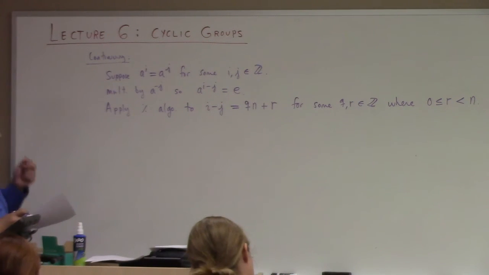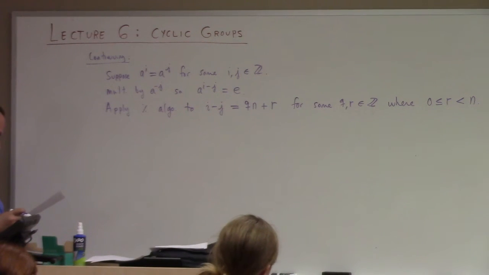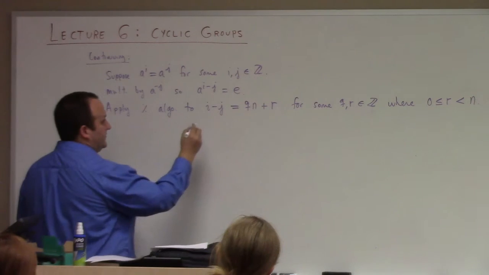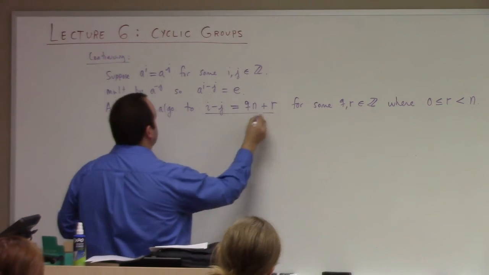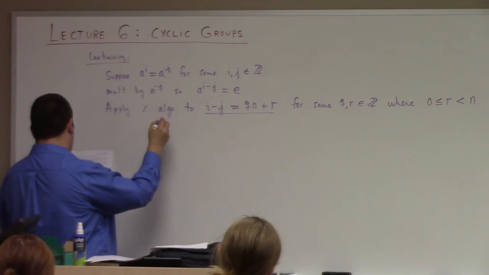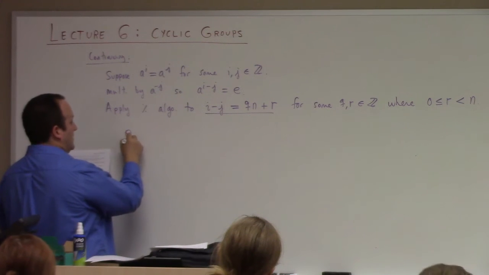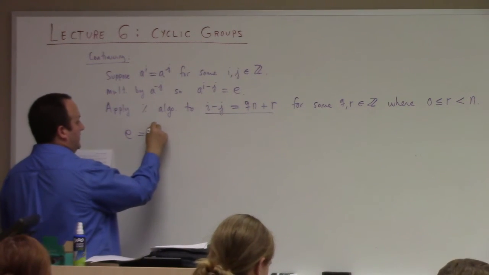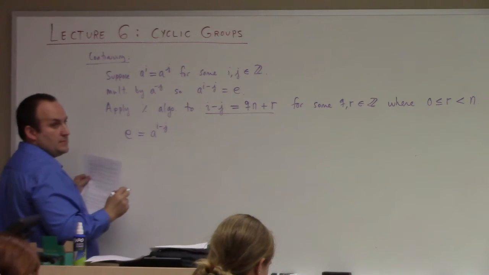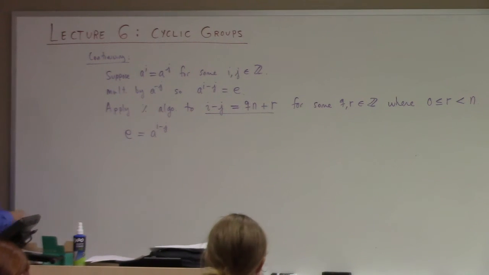Could be 0. Then what do we do? Then we calculate, basically. So you take this division algorithm, and we come up here. I know that e is equal to a to the i minus j. So then what?